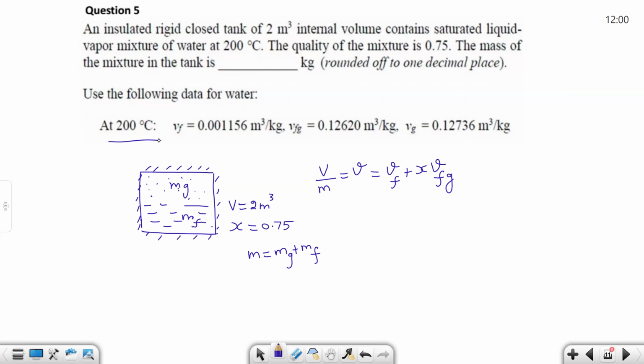So V is 2 meter cube by mass in kg. Vf will be 0.001156 plus dryness fraction 0.75 into Vfg. Vfg is directly given, 0.12620.